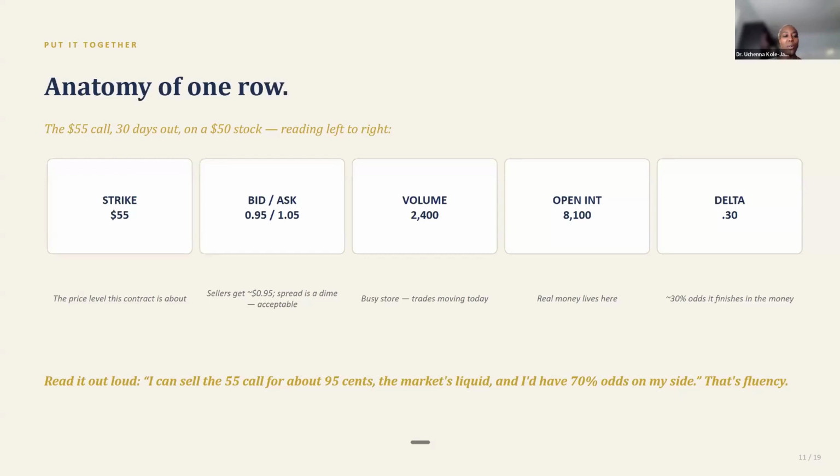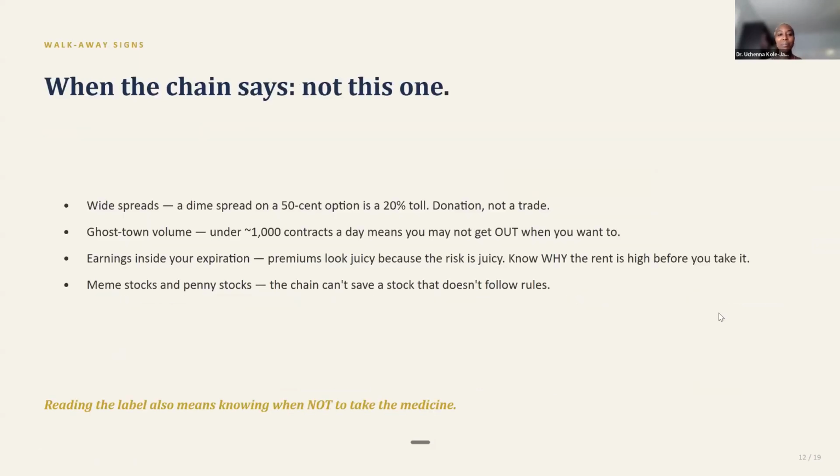And as a seller, that's what I want. So I can sell the 55 strike call for about 95 cents, or $95, because it controls 100 shares. The market is liquid based upon the volume and the open interest, and I have 70% odds on my side. So make sure you understand how to read the option chain.